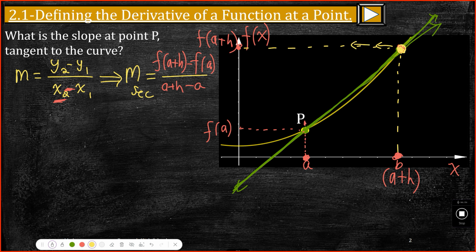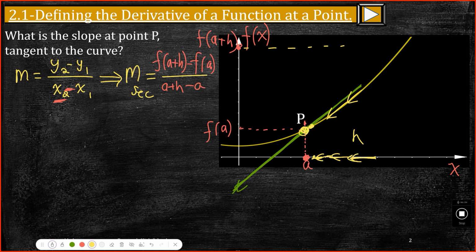So point P is static, and the second point will move closer and closer, where we're saying that h will get closer to 0, because h is the difference between them, and we want that point to get closer and closer to A. That is going to get these two points infinitely close to each other, so that it will become the slope of the tangent line.